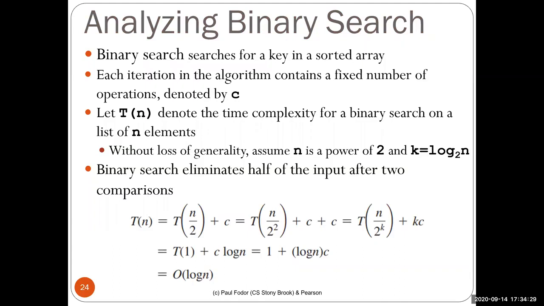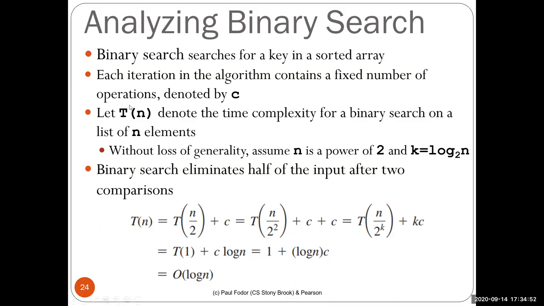At each iteration, you have a constant number of operations. You compare the element with the element at the middle index, and you decide what to do next. You can assign a different value to the high or a different value to the low index, or you can return that you found the element.